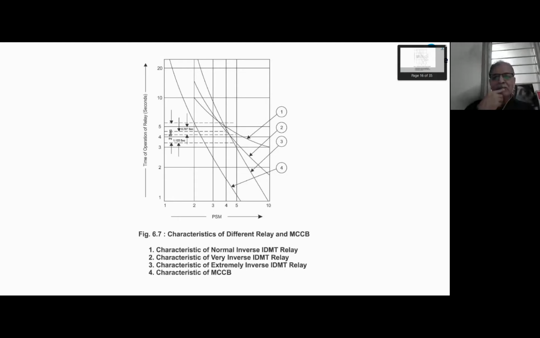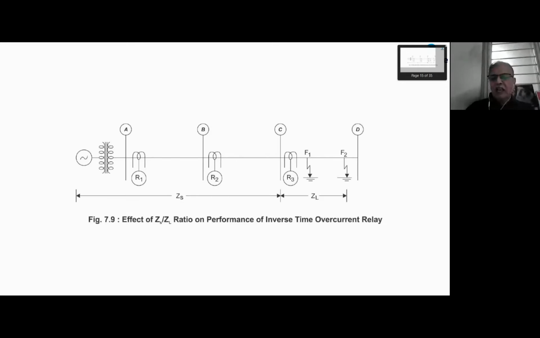So these are the 3 different characteristics shown together. Number 1 is the normal inverse characteristic. With the normal inverse characteristic, the current differs by a small amount. If there is a fault at F1 and F2, F1 meaning just after R3 and F2 meaning at the end of the feeder, the time of operation should differ by a large amount.